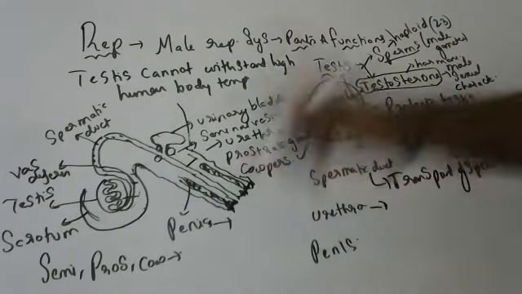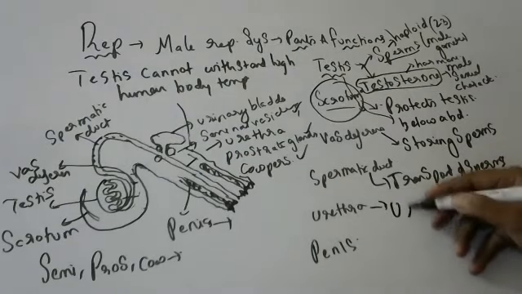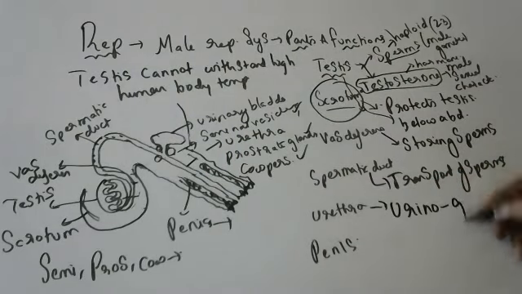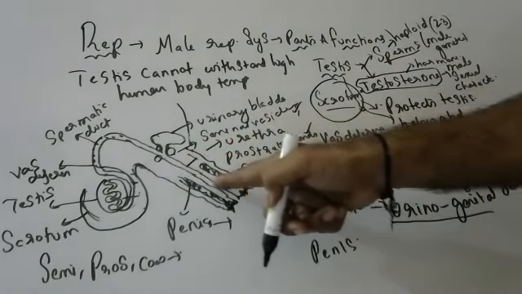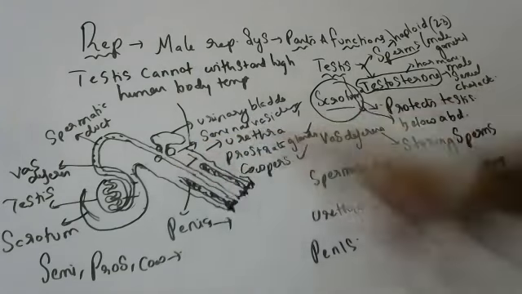Urethra. Urethra in males is called urinogenital duct. Very important question. What is urinogenital duct? In males, this central portion, this white narrow duct, is called urethra.